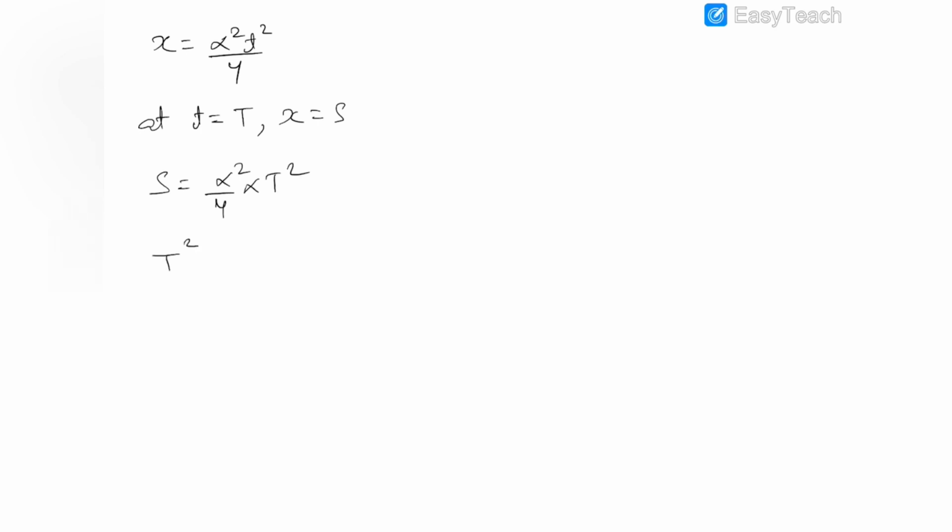So t square will be equal to 4s by alpha square. T will be equal to 2 root s by alpha. This is the time in which it would cover the first s meters. Now average velocity, v average, is equal to the total distance or total displacement travelled upon time taken.